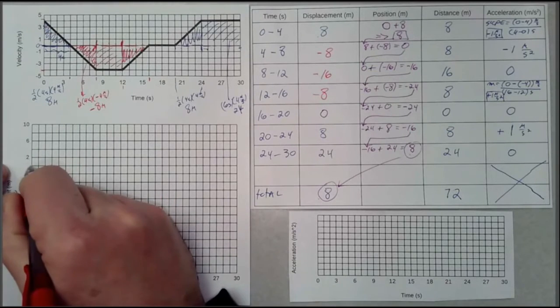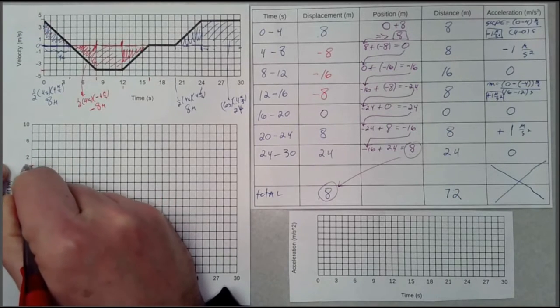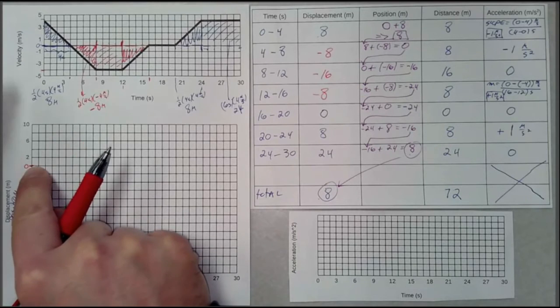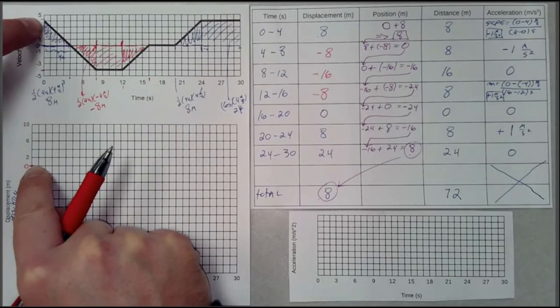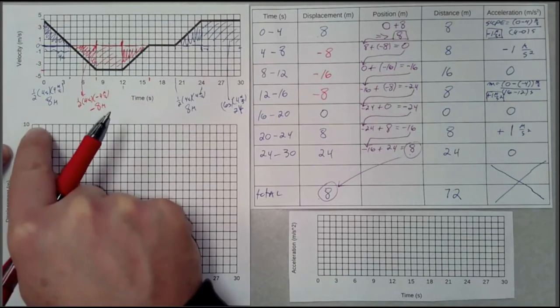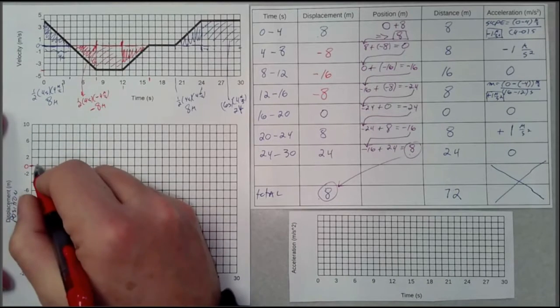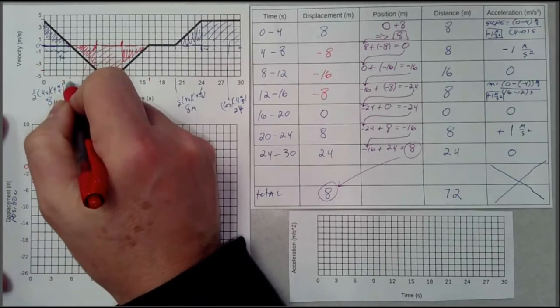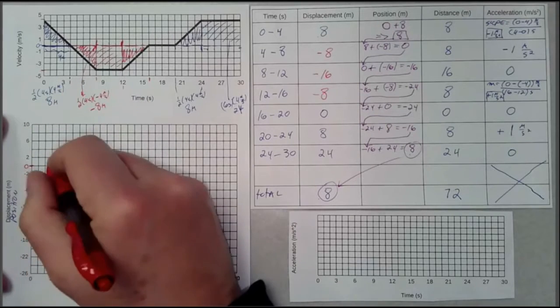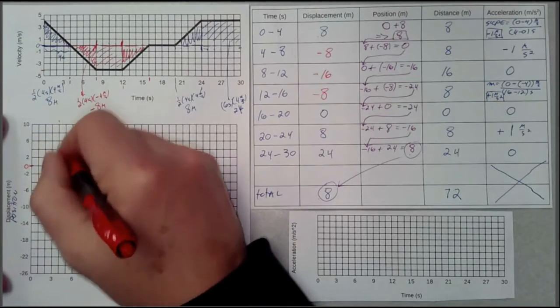So on this graph, this is 0. So I need to show that this object is moving in the positive direction, which means this way, but slowing down, right? Decelerating. Now at 4 seconds, it comes to rest. So this is the 4 seconds line right here.